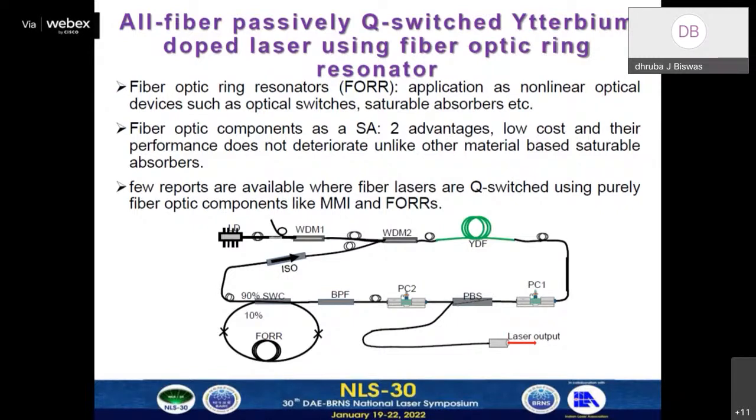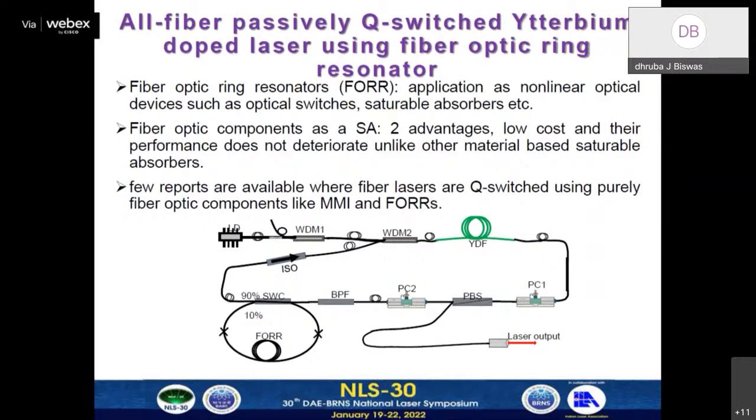Mr. Pradeep, please start. So my work is about an all-fiber passively Q-switched terbium-doped fiber laser using a fiber optic resonator. Fiber optic resonators have several applications in nonlinear optical devices such as optical switches, saturable absorbers, etc. Using fiber optic components, a saturable absorber has two major advantages.